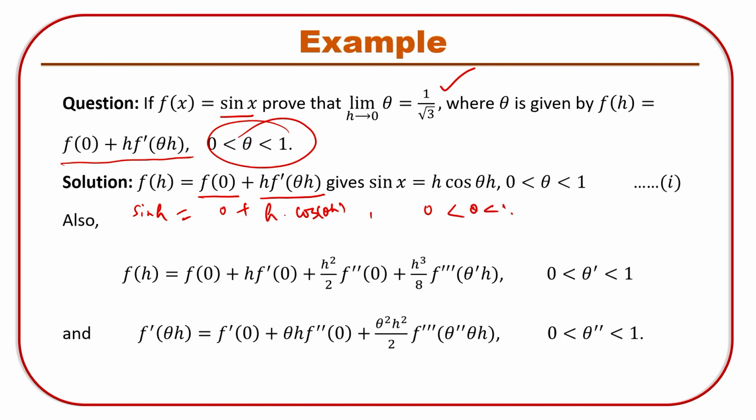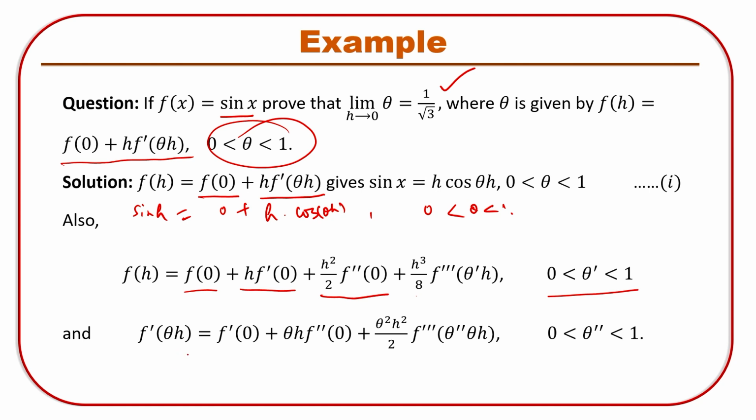So, that will give you f(h) equal to f(0) plus h f dash of 0 plus h square by 2 factorial f double dash of 0 plus h cube by 3 factorial into f triple dash of (theta dash h), right, and here theta dash is less than 1.